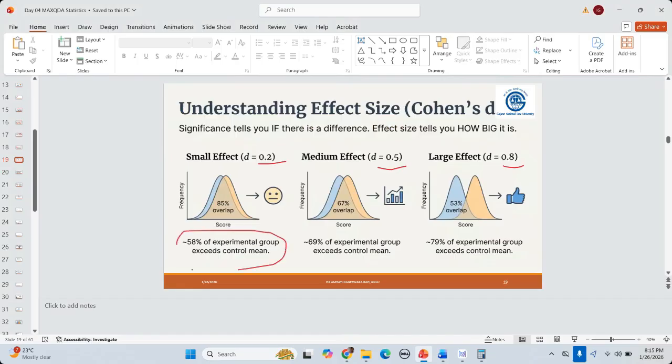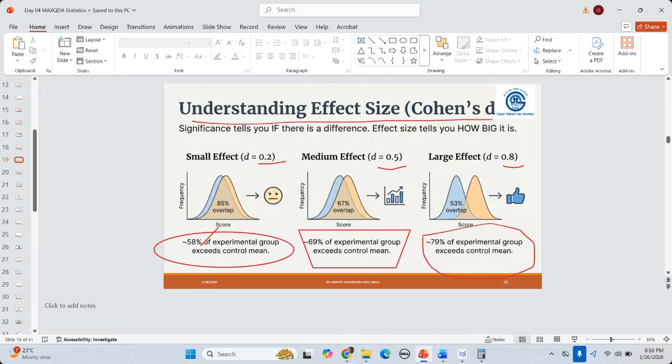Instead of simply saying that there is a significant difference between males and females with reference to stress level, I can say 58% there is a difference between males and females, or 69% there is a difference. How much effect do we have when you compare stress level between males and females? So effect size is very helpful to convey your conclusions and findings from the layman's point of view.